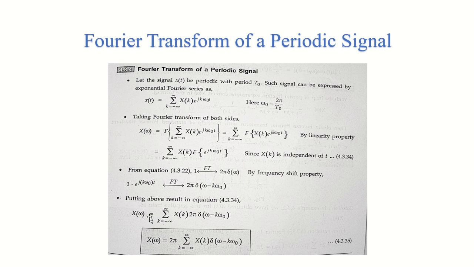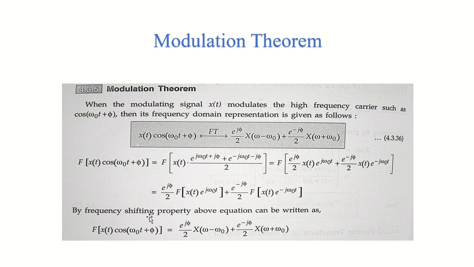Now there is a property or theorem called the modulation theorem, or we saw the modulation property earlier. So now let's see what the modulation theorem has to tell us. It says when the modulating signal, my x of t, modulates high frequency carriers such as cos omega 0 t, then the frequency domain representation can be given using this mathematical formula.